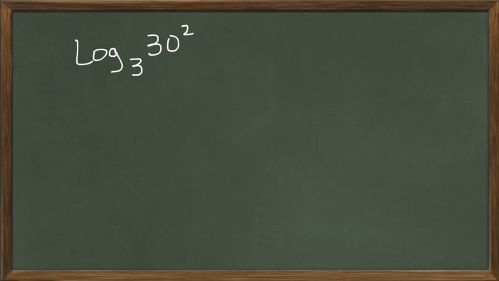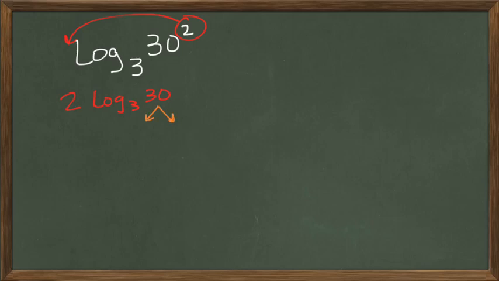You could just say, okay, I'm going to break this down. The first thing I would do is move exponents to the front of a logarithm. And so I would have 2 log base 3 of 30. Then from here, I would break down 30 into 2 different numbers.